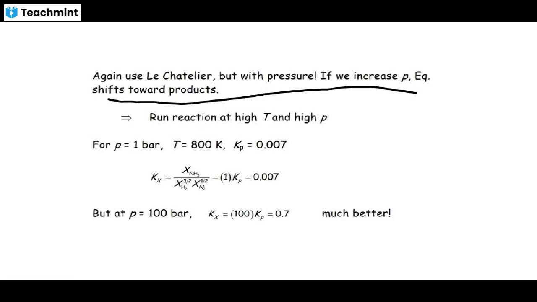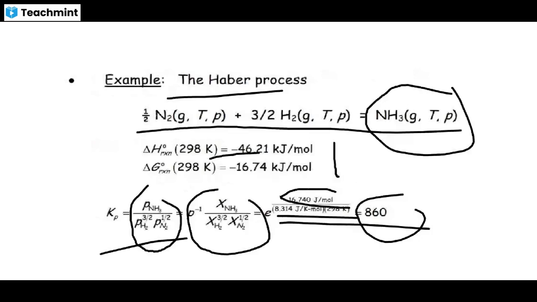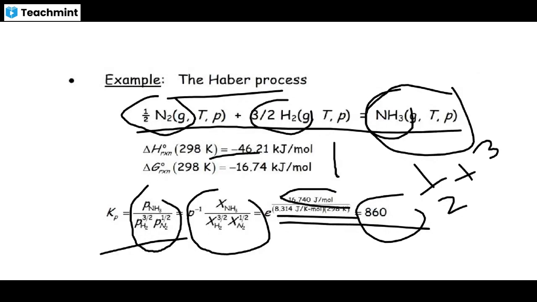Here you see, half of N2 gas, here 3 halves of H2 gas, here 1 gas. Half plus 3 halves is nothing but 4 by 2, and 4 by 2 is nothing but 2. Here 2 moles of gas in the reactant, but the product is 1 mole of gas. So increasing the pressure reduces the number of moles of gas.